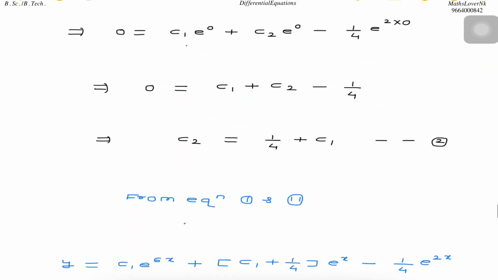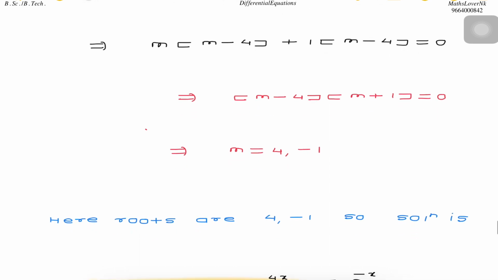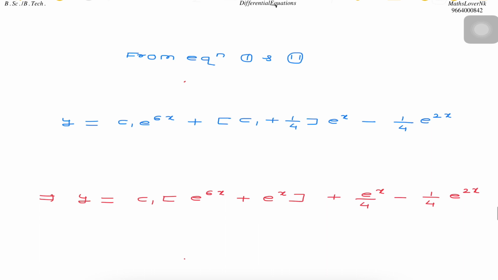Now the final solution is y is equal to C1 e the power 6x plus e the power x, plus 1 upon 4 e the power x.